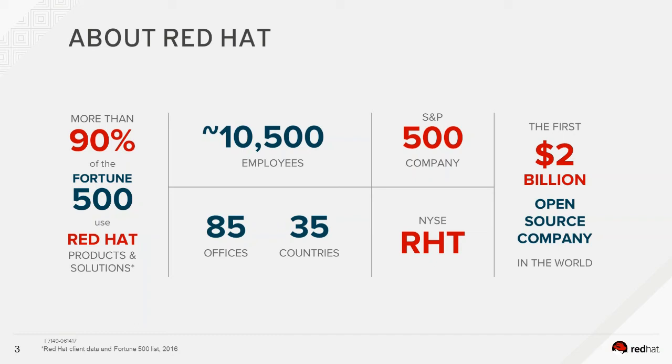Still mostly focused on the IT organization, but rapidly now we're branching out and addressing the needs of many business users as well. The thing that I think distinguishes Red Hat from most other organizations, though, is that we are an open source company. We're the largest open source company currently, and last year, we derived revenues of just over $2 billion from open source software, which is quite an achievement when you think about what we really do is we sell free stuff.